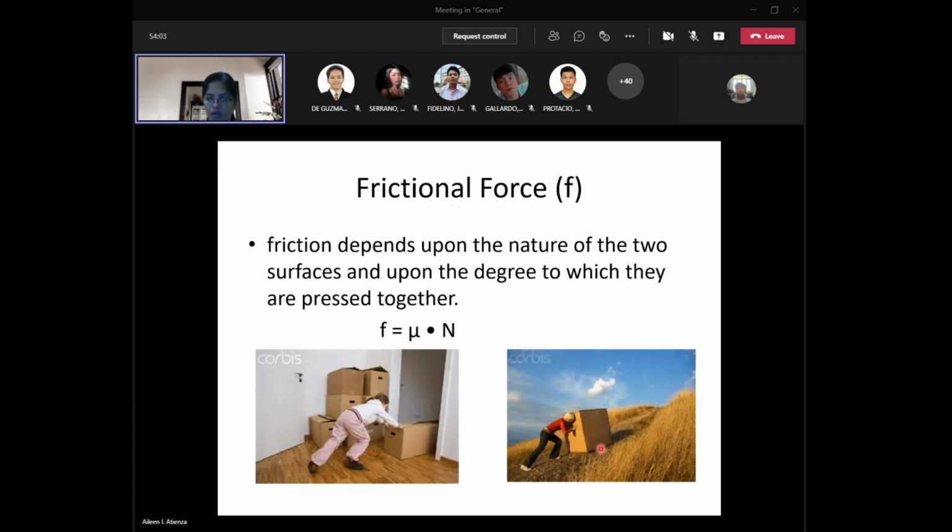And then bato-bato pa. Medyo sandy pa. May mga soil. So we expect that we have a higher friction in the second photo as compared to the first one. Mas madaling itulak, mas less ang friction.